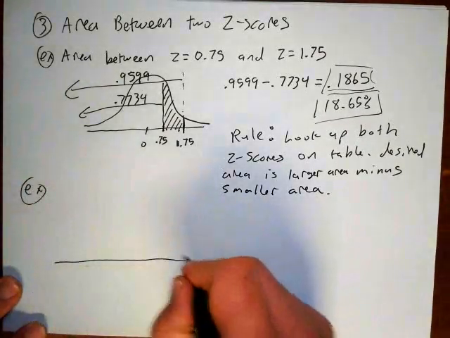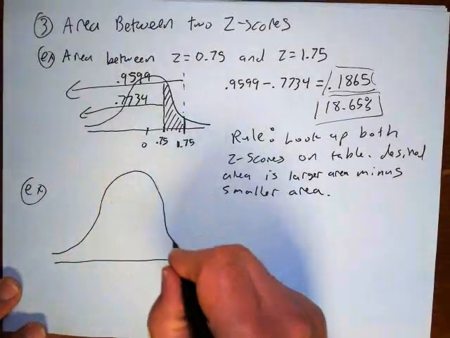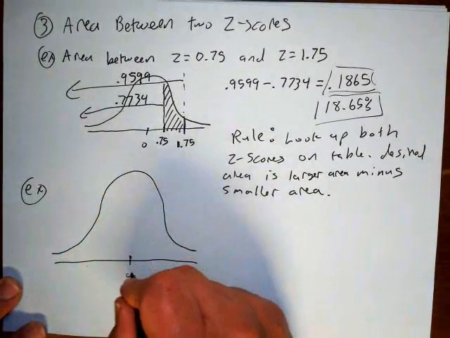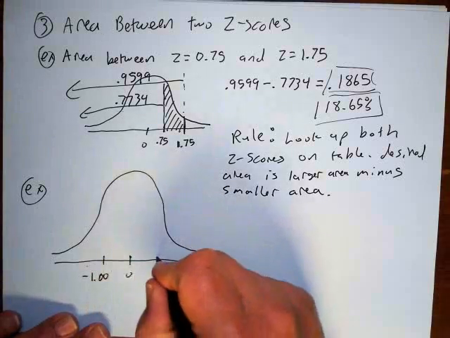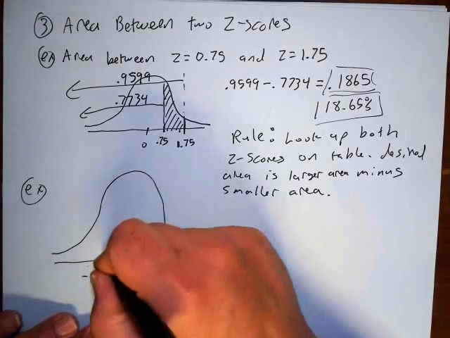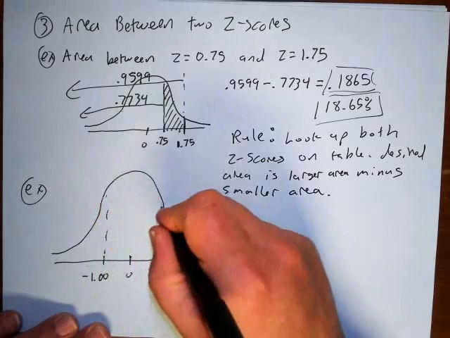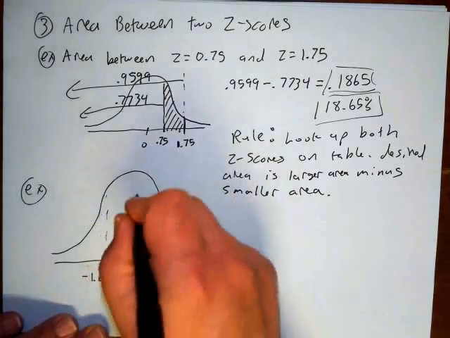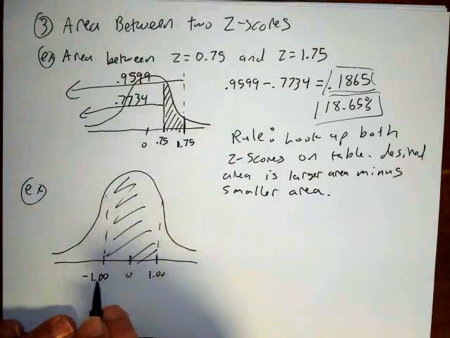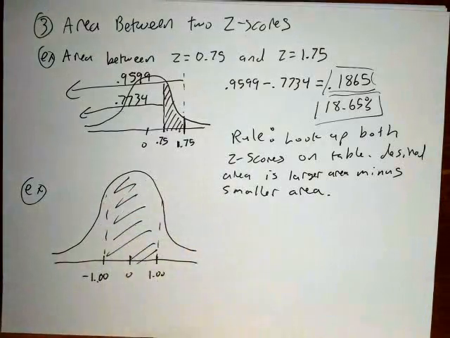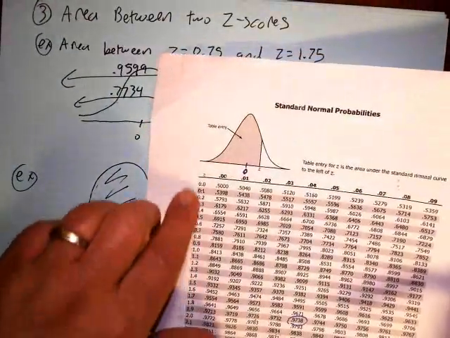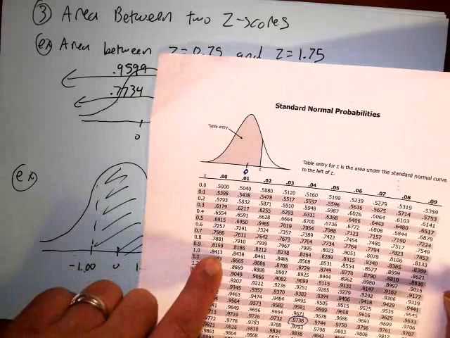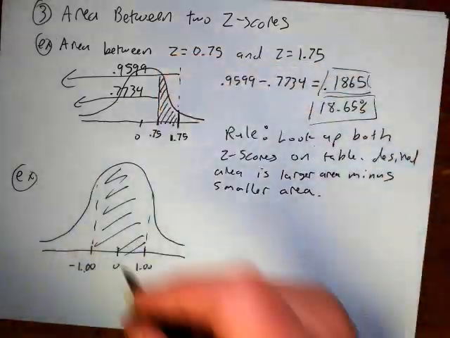And for this one, let me do this example here, where we have negative 1.00 and positive 1.00. So I want the area between these two. This is -1 and +1 for my z-scores. Okay, so on the positive side, I look up 1.00 and I get 0.8413.